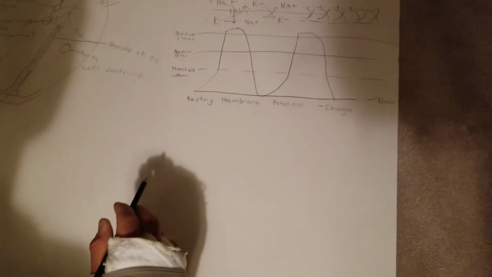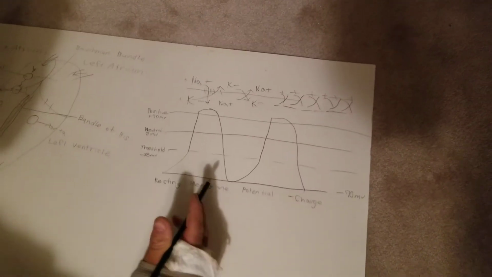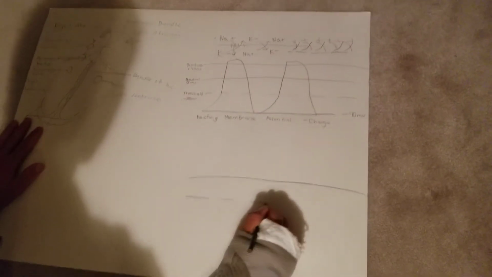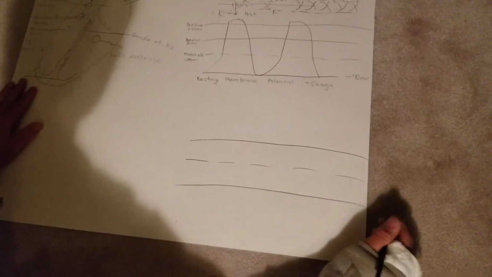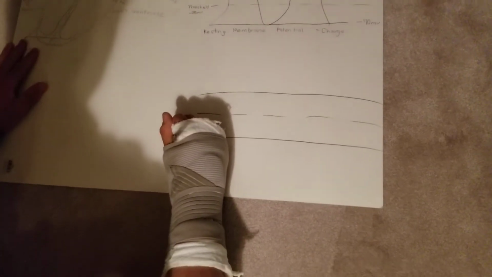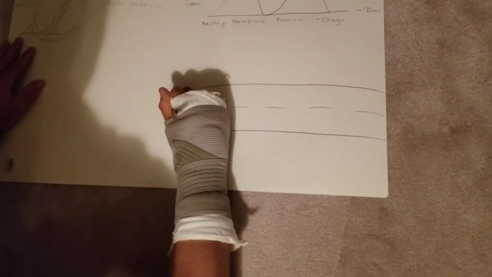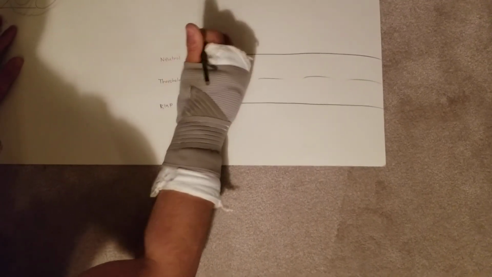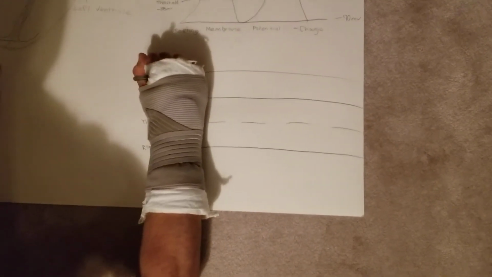So with cardiac action potentials, we have calcium that's in the mix. So there's our neutral, threshold, resting membrane potential, and positive.